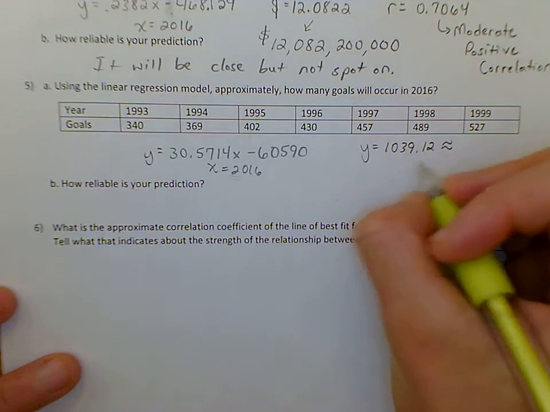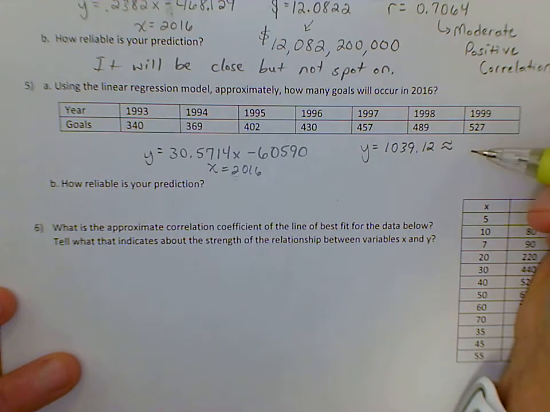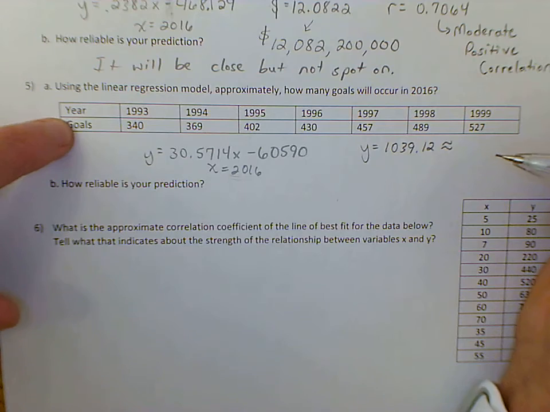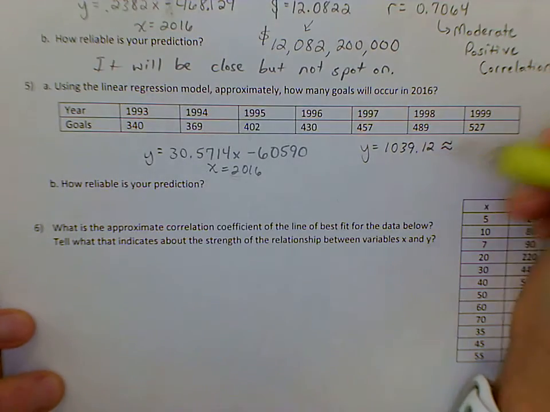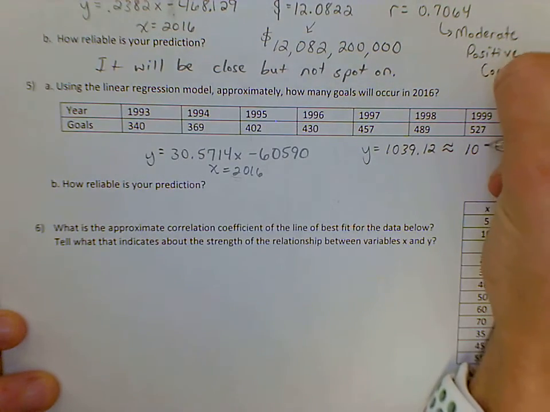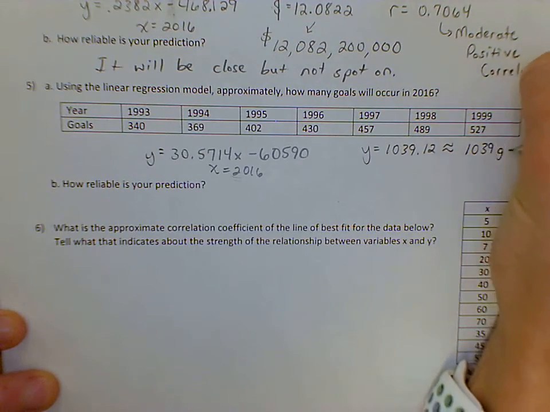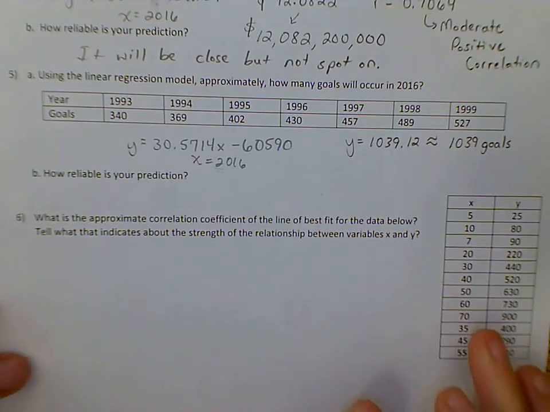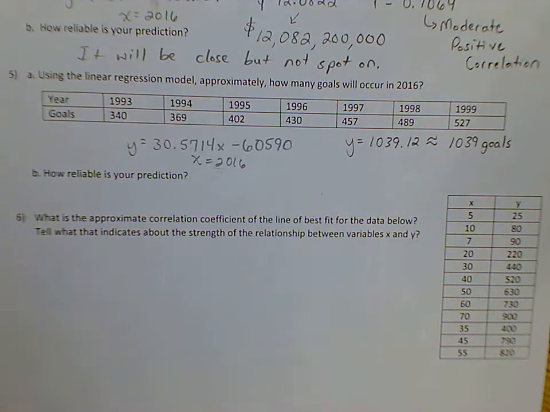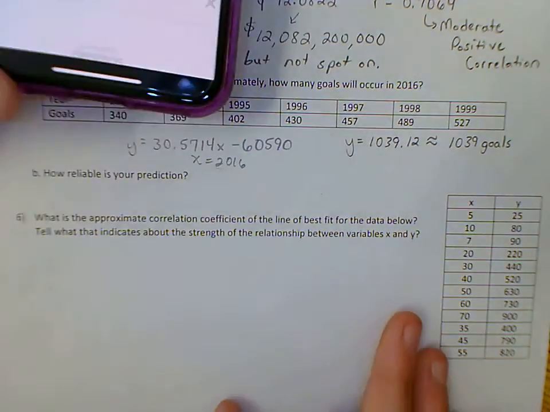But either way, you should have got that they would have scored, because it's looking at how many goals, I guess, a team would have scored in that year. And so it would have been approximately 1,039 goals in 2016, okay? And then it's asking how reliable is that prediction? Well, you look at the R value.